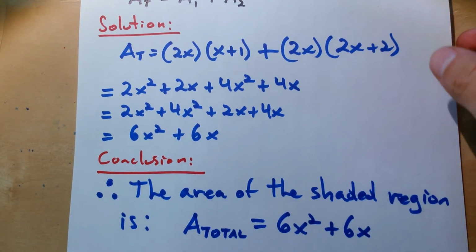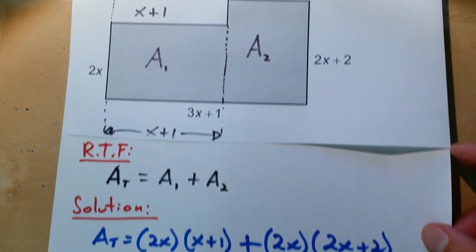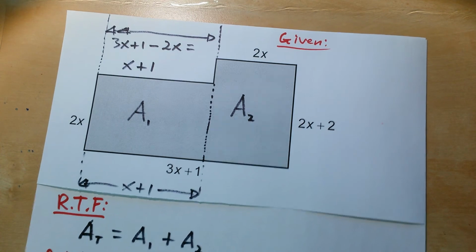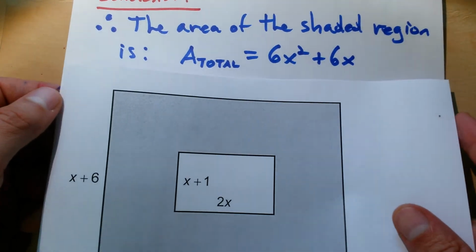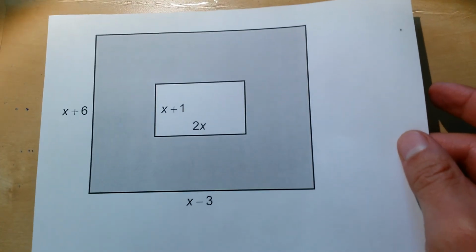So take a look at this problem. On the second example you have this. So let's take a look at the second example. Very similar, right? Find the shaded region.